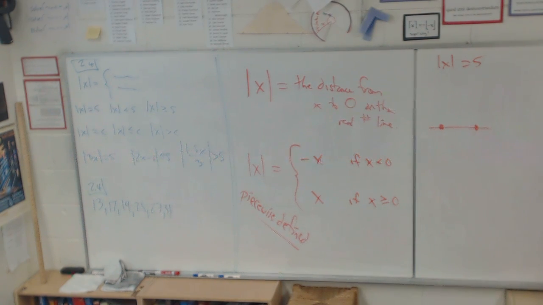When you have a less than, it's always going to be between, an and case. When you have a greater than, it's going to be the outside. But let's see if we can understand why that is.